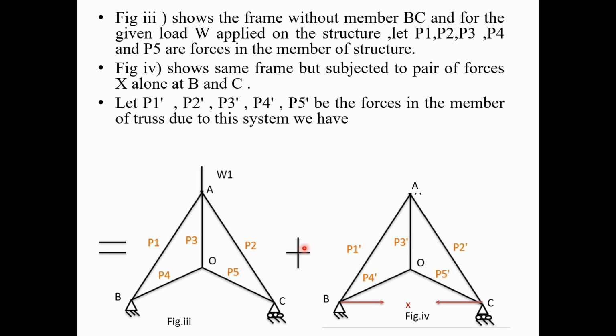When you have to find the final force in the members of the redundant truss, the final force in the member is the addition of P1 plus P1 dash, where P1 is the force because of only external loads, and P1 dash is the force because of the redundant force, or the pair of forces X. So S1 is equal to P1 plus P1 dash. Similarly, S2 is equal to P2 plus P2 dash, S3 is equal to P3 plus P3 dash, and so on.